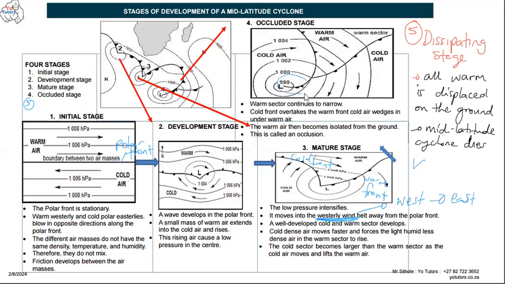We see it by alternating cold and warm, cold and warm. That shows us that this is an occluded stage. So it shows that the cold air catches up with warm air. And we are now seeing a mixture of warm and cold air happening there, and you can only see that through the alternate cold and warm fronts.